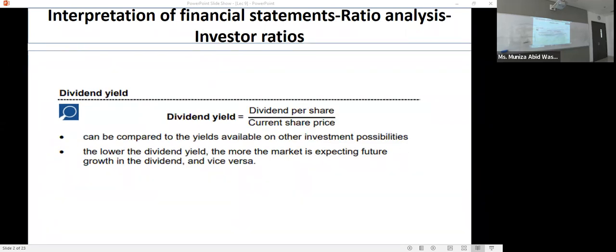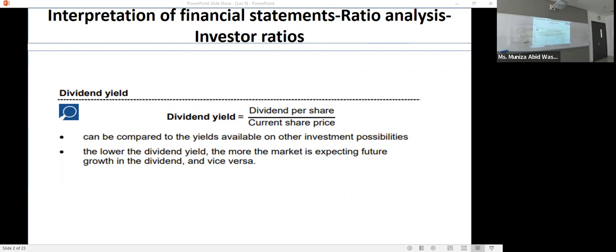Then the second ratio which can be of importance and interest to the investors is dividend yield. Yield means a particular return which is given on any kind of investment. Any kind of return given on any kind of investment is known as yield. Dividend yield tells us the relationship of dividend per share and current share price.